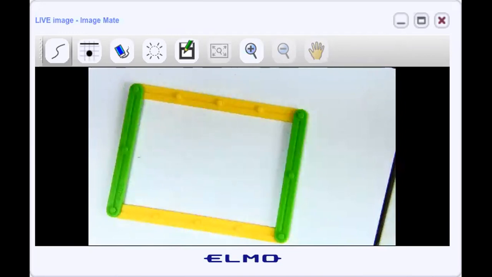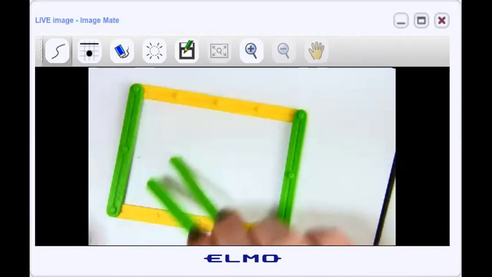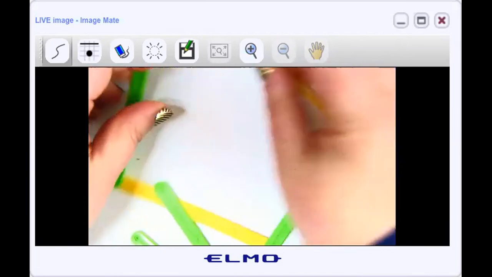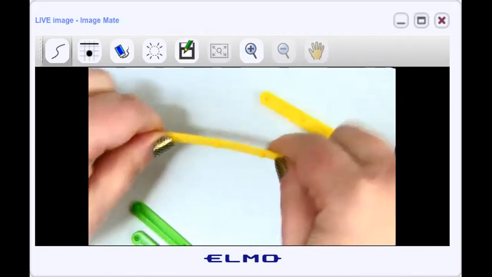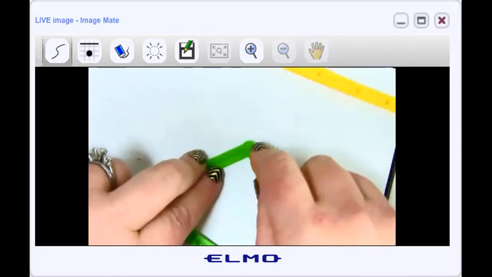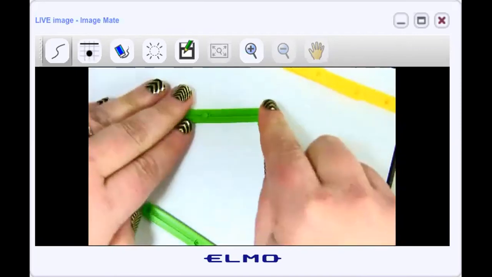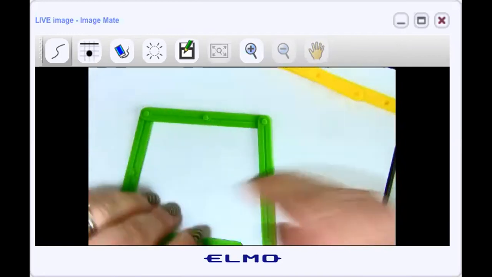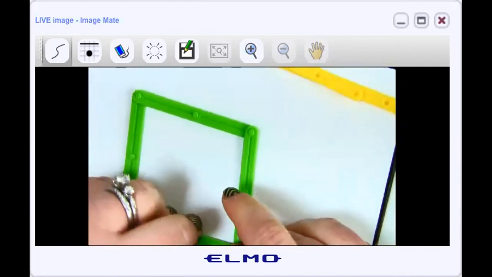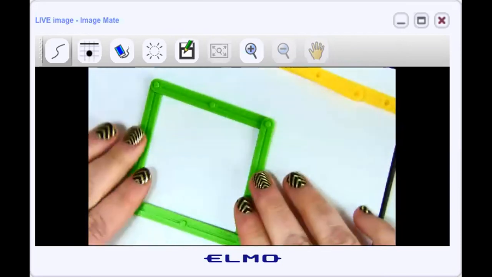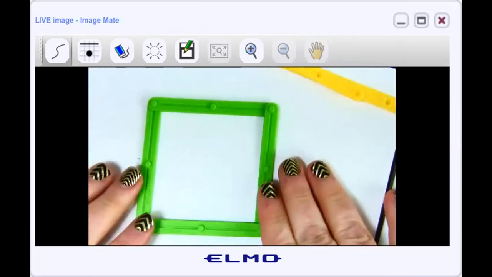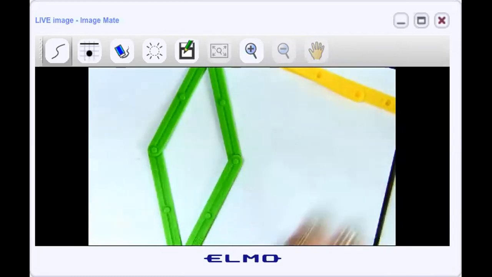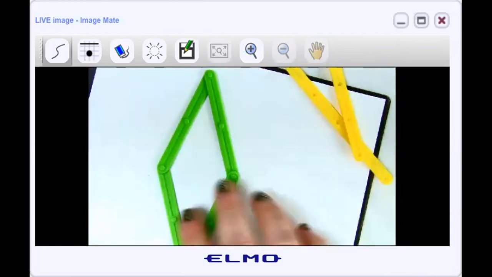All right, if I wanted to make this thing a rhombus, the only way to make a rhombus is to have all 4 sides the same length. So let me replace the yellows with 2 more greens. Okay, so now I have all 4 sides that are the same. And so if I want to make a rhombus shape, right, it could look like any of these things.